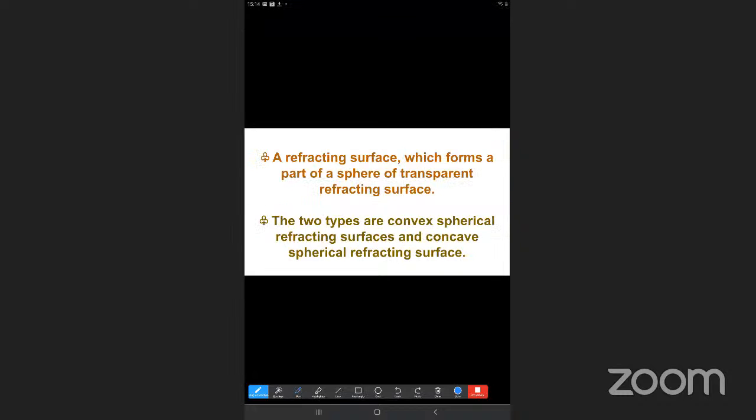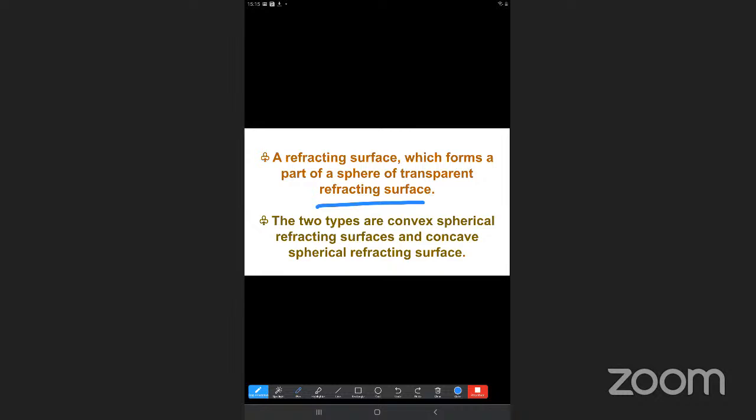So a refracting surface forms a part of a sphere of transparent refracting surface.